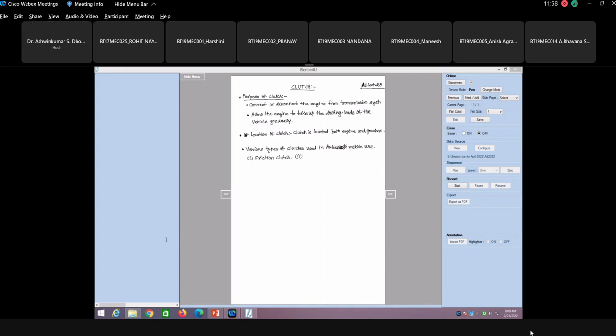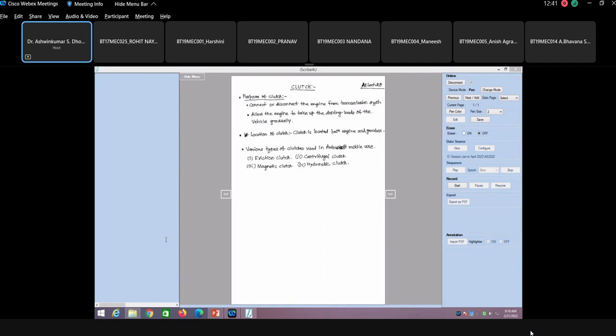Second one is the centrifugal clutch. Third one is the magnetic clutch. Fourth one is the hydraulic clutch. So usually these are the types of clutches used in automotive applications.